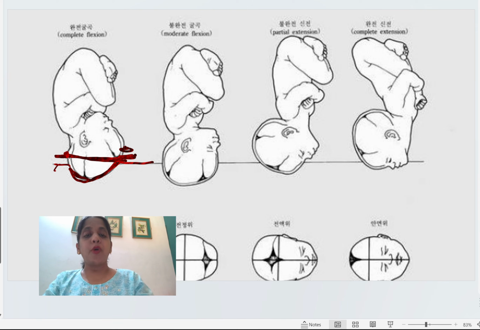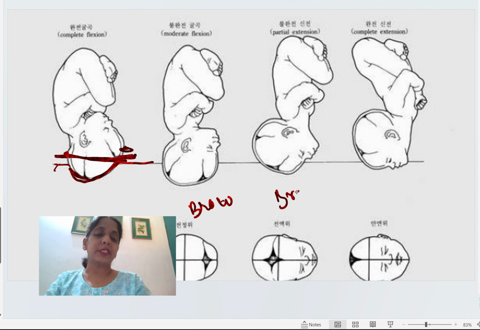When it is a brow presentation, this is the brow area. What is the diameter? The diameter is mento-vertical.